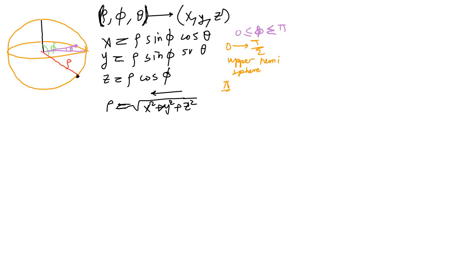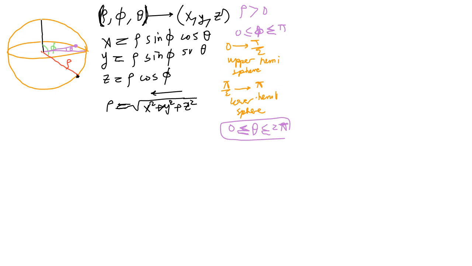From pi over 2 to pi, we're talking about the lower hemisphere. Rho can be any positive number. Theta can be a full rotation from 0 to 2 pi. It can be a part of this, but mostly in spherical coordinates, we're dealing with full rotation.